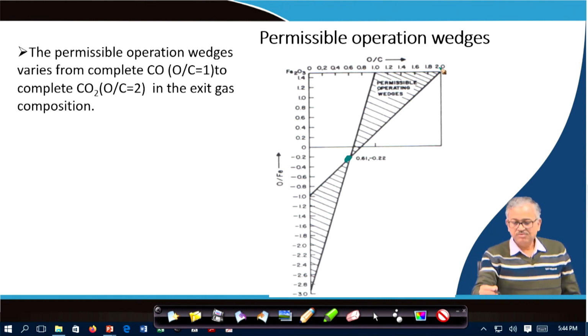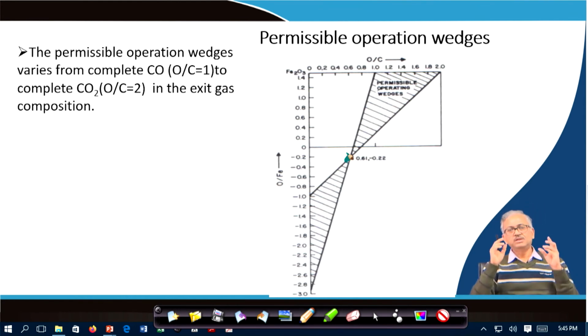As a result, when the exit gas is completely CO2, obviously your blast rate is less because your CO utilization is very high, and when the product gas is only CO, your blast rate will be more. But both lines are passing through the thermal pinch point, such that the overall heat demand of the furnace is met, right.